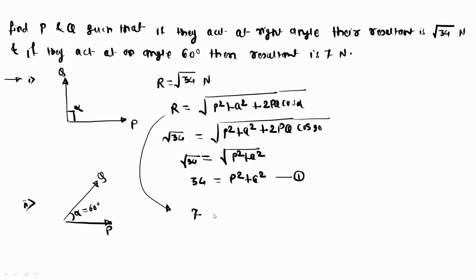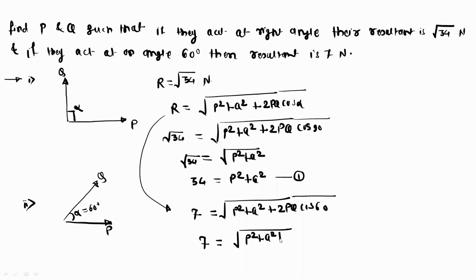We take the value 7, equal to the square root of p square plus q square plus 2pq cos 60. So 7 equals the square root of p square plus q square plus, since cos 60 is 1 by 2, the 2 and 2 cancel. The remaining value is pq.